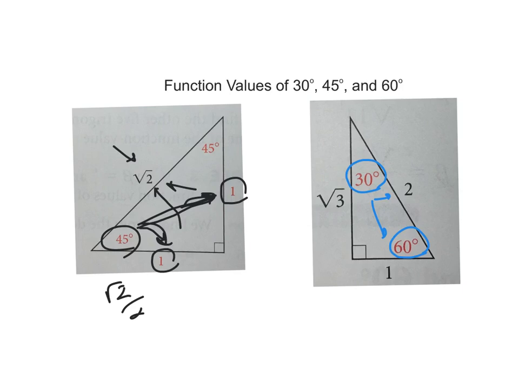And cosine would be adjacent over hypotenuse, which would be 1 half, the same thing as sine of 30. Tangent is opposite over adjacent. These measures are the same anytime you see a 30 or a 60, and these measures over here are the same every time you see a 45-45.